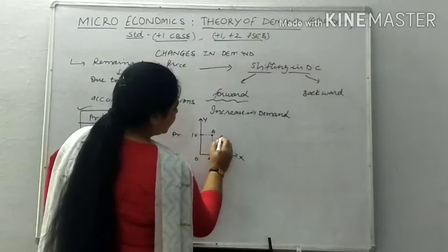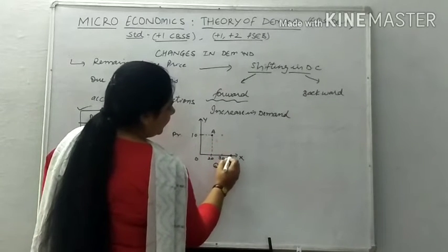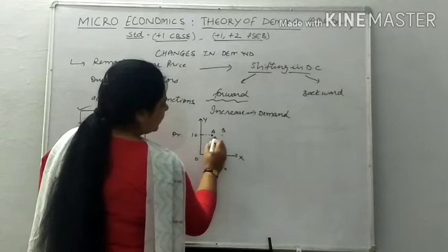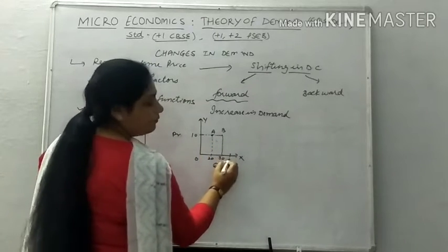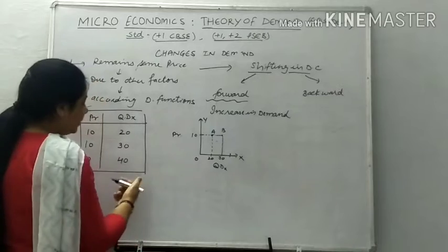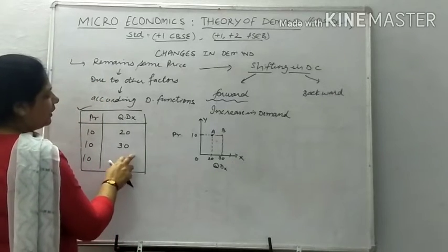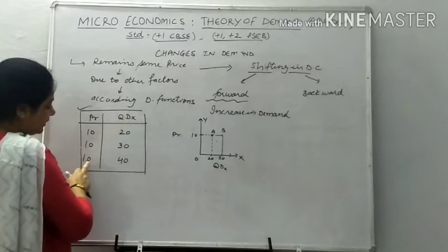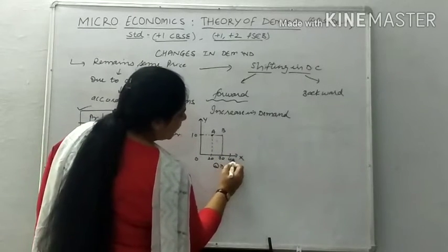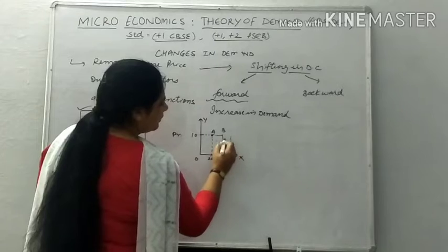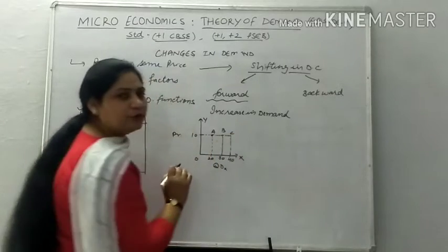There is no change in price. Here I mention point B. Okay students, now consumer is increasing its quantity of good X at the same price a third time. At the same price rupees 10, consumer is getting more quantity of commodity.